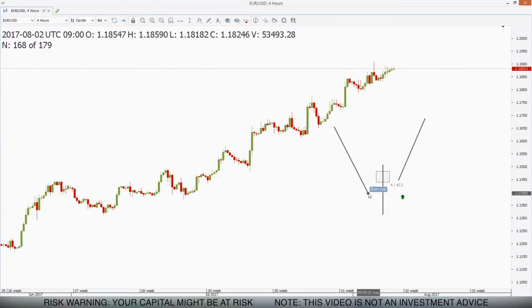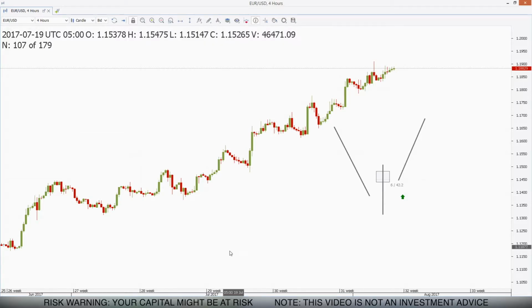But does a similar pattern exist when it comes to a bullish trend? Yes, it does. It is an inverted hammer, and it is called a shooting star, and the shooting star goes like this.